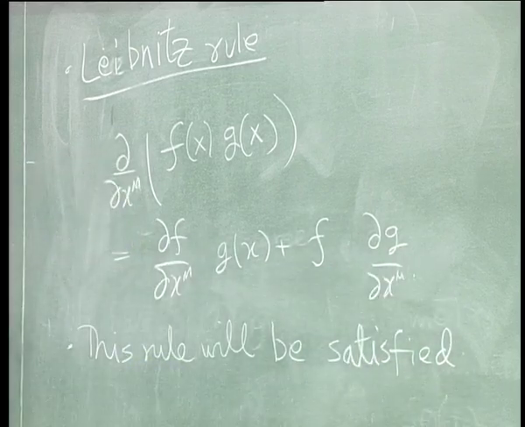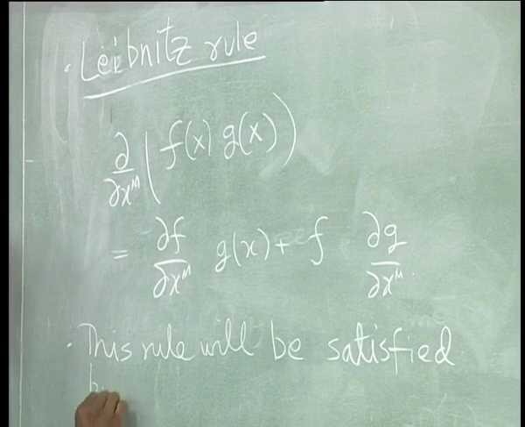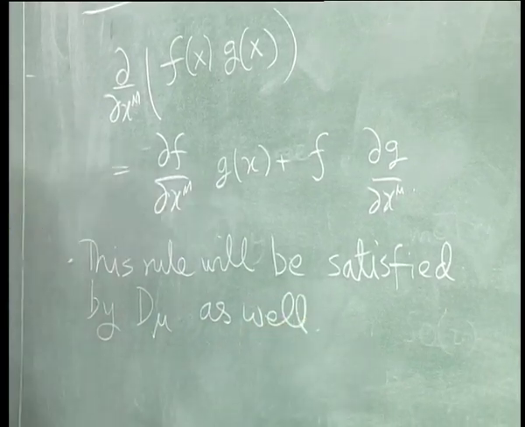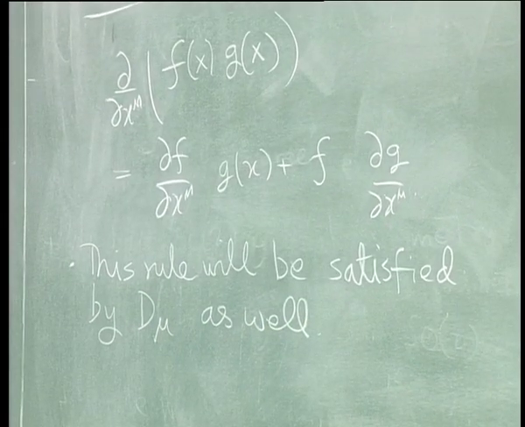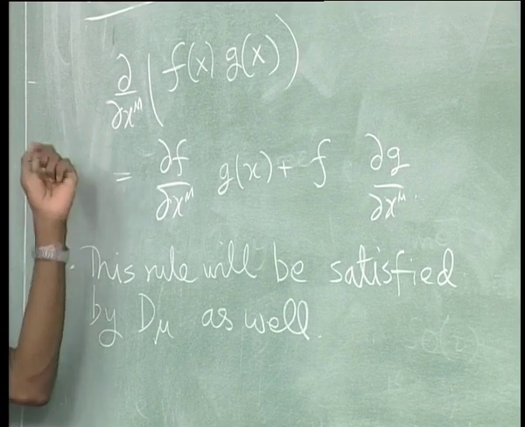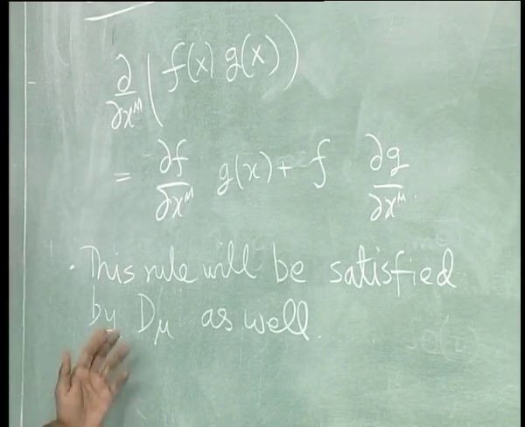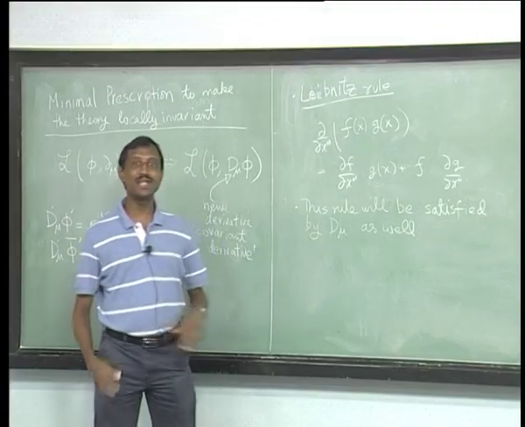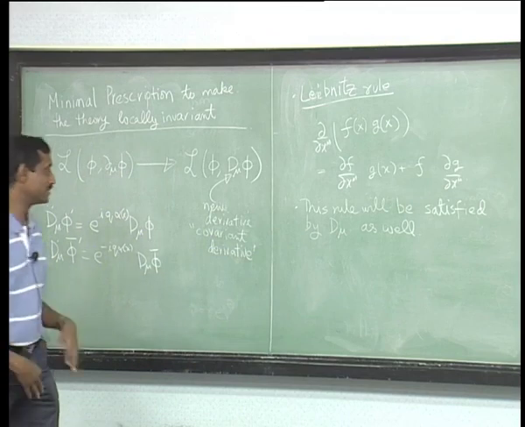Okay. And the rule will be just replace these by the covariant derivatives. This rule will be satisfied by d mu as well. Okay. So that is why it has a right to be called a derivative. This property is called a derivation. Okay. So the derivation property is something satisfied by this thing, but it gives up one interesting property.